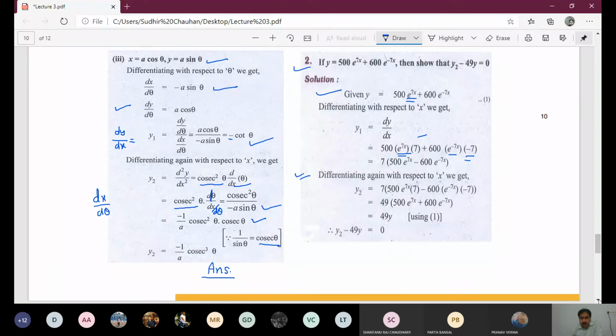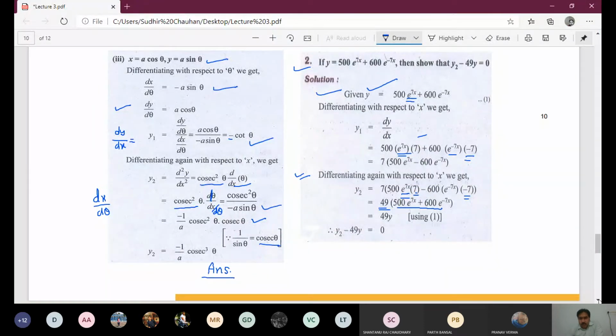Again differentiating, we get y2 is equal to 7 into the differential of e raised to power 7x, which is again e raised to power 7x into 7, that is the differential coefficient. And similarly we have to write for the second expression. Again this 7 can be taken as common, so outside this bracket we get 49. And now we can observe that this value from 1 is equal to y.